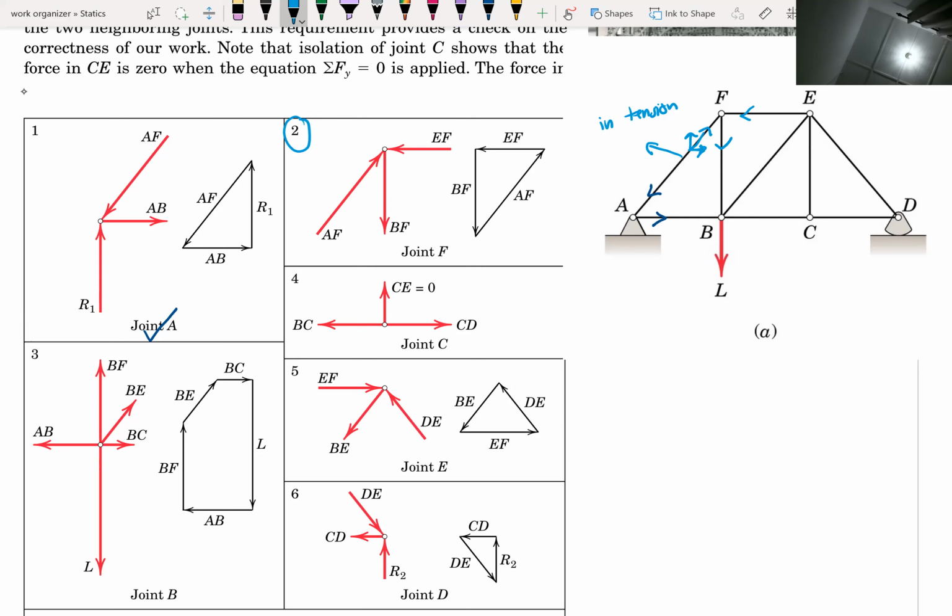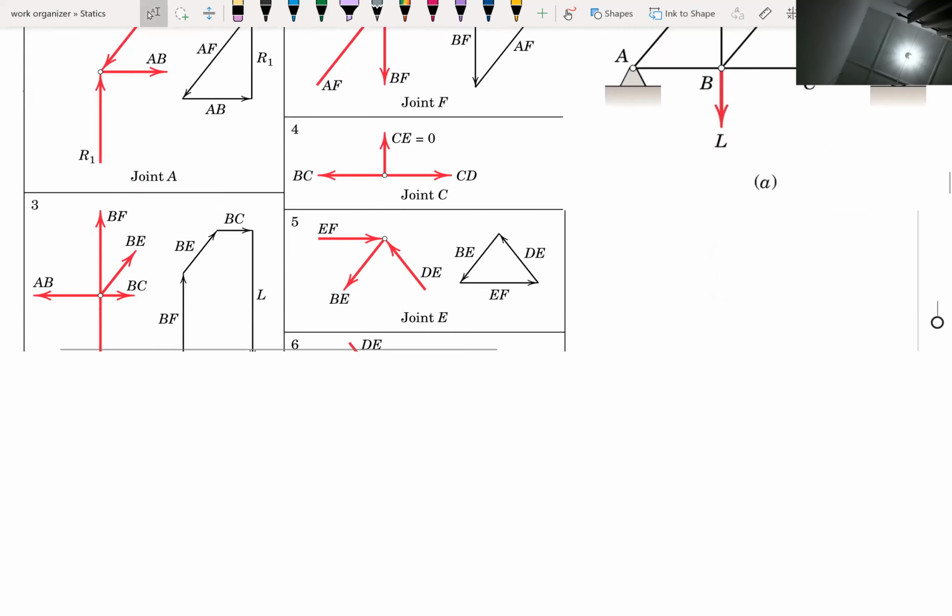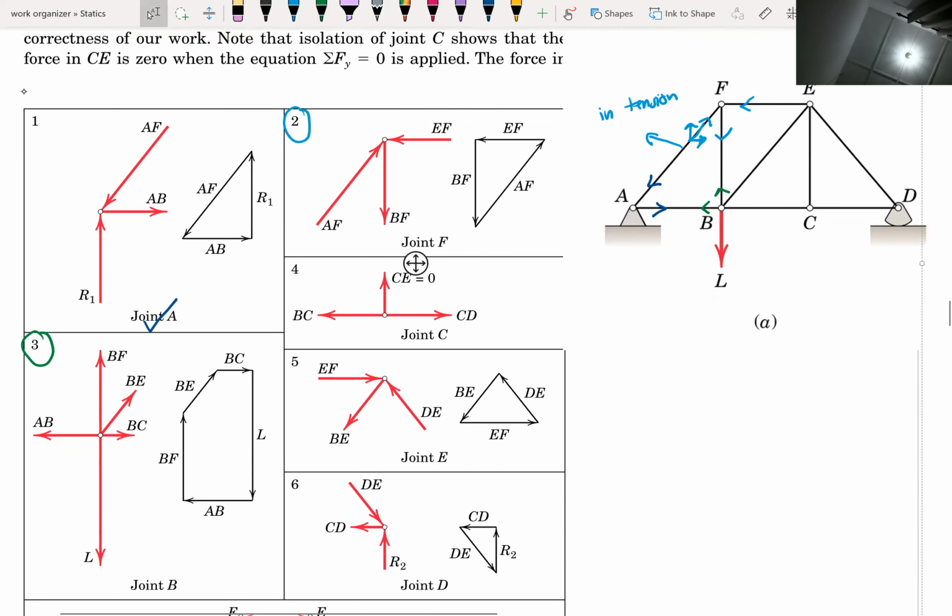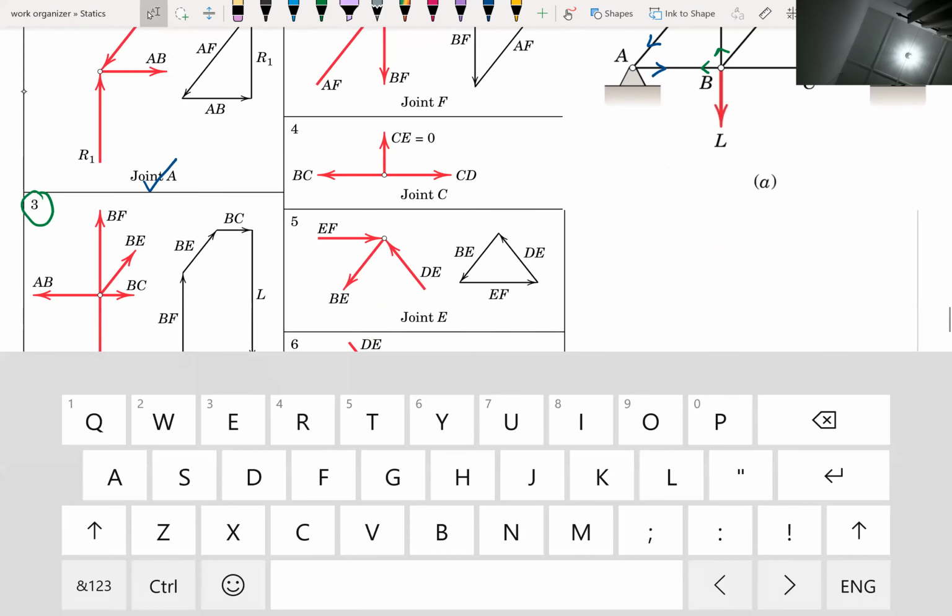Next joint, which is B. The third one is joint B. We know AB, so this one should be in a different direction, and this one also in a different direction. Now we have two unknown forces.